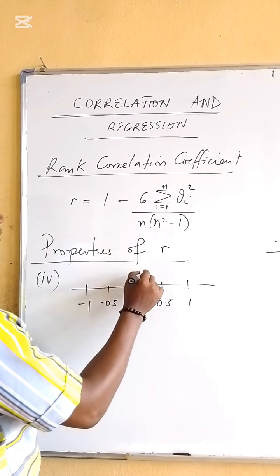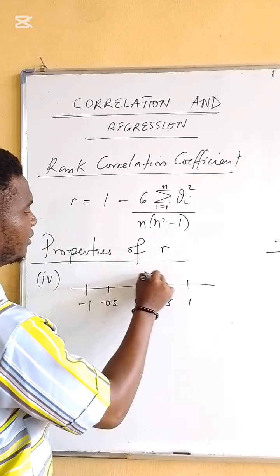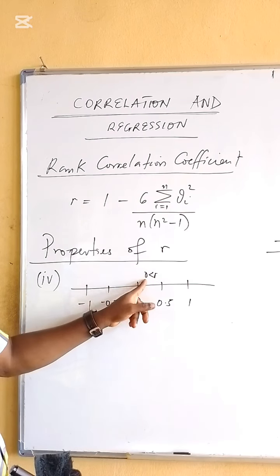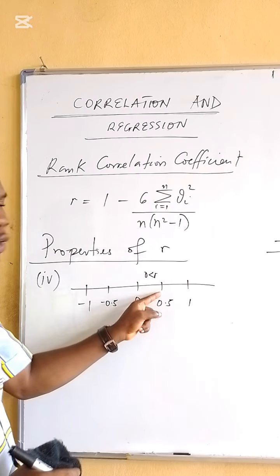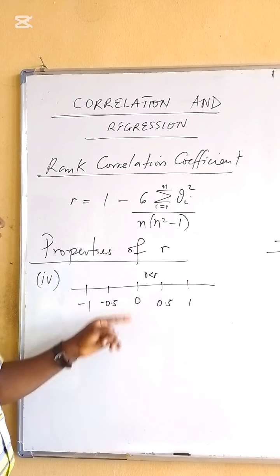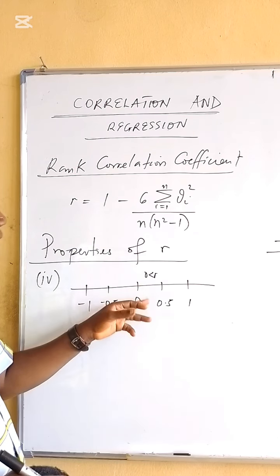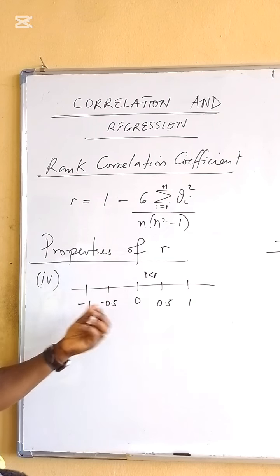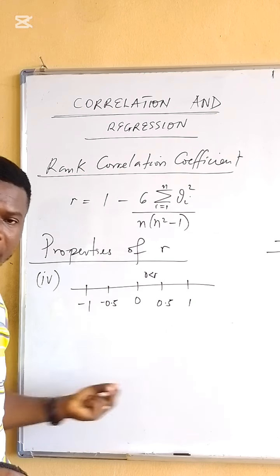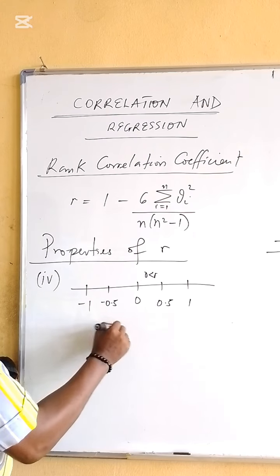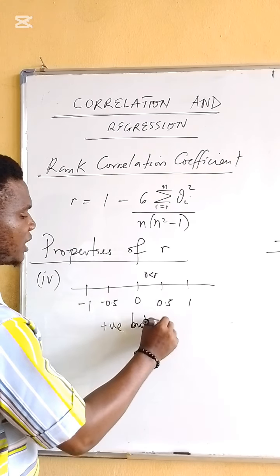So please take note of this. If R is greater than 0, but very close to 0.5, then we say that R tells us that the relationship between X and Y is weak, but positive. So we would say it is positive but weak.